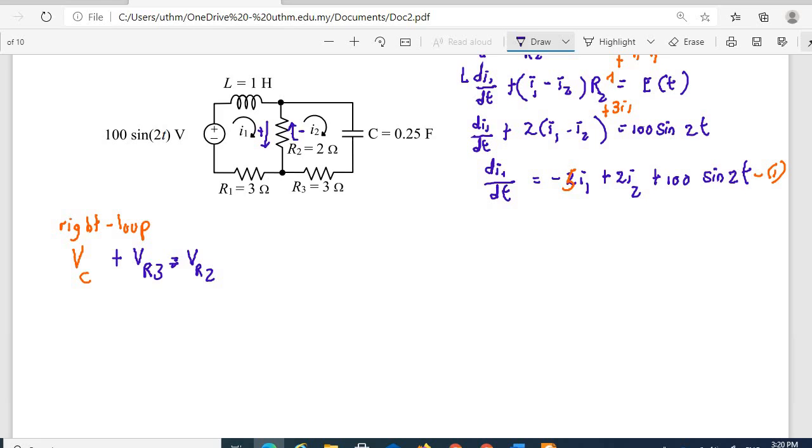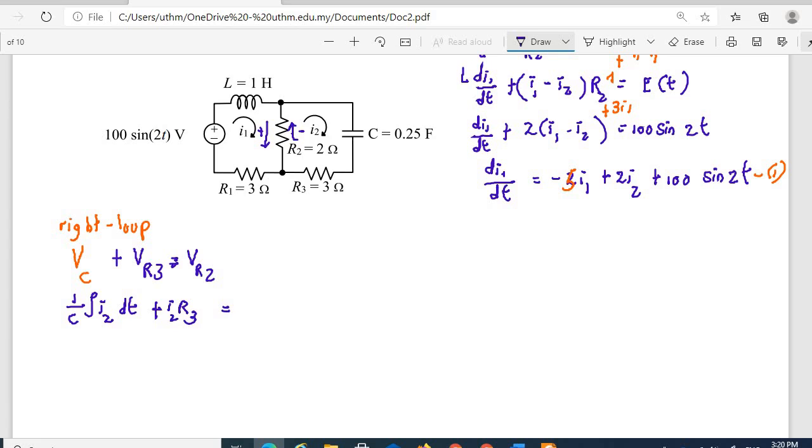So VC you have 1 over C integral I. The current that flows through the capacitor is I2, so this is I2 dt. VR3 is also I2, so you have I2 R3.